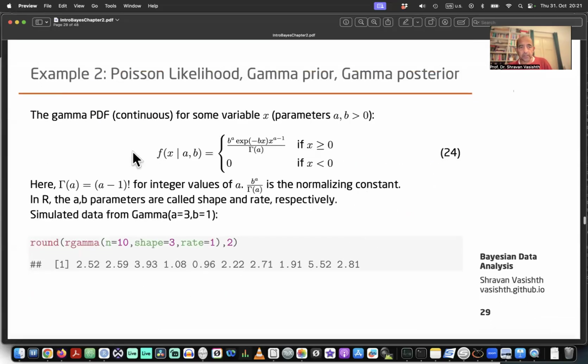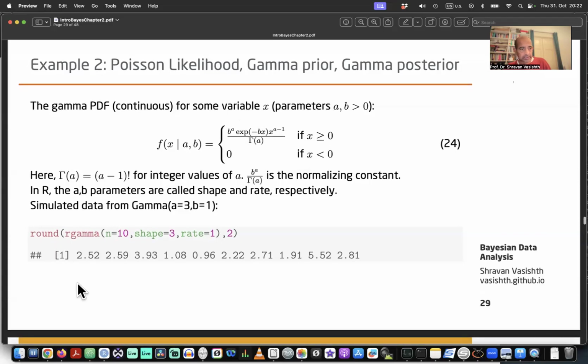So first of all, the gamma distribution looks like this. As I said, it's parameterized by two numerical values, A and B, and the probability density function is given here. You can take a look at this in your own time.